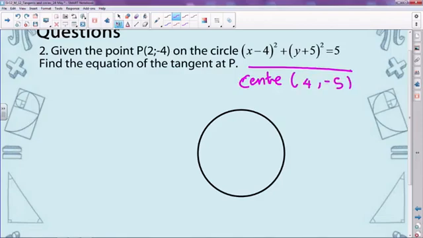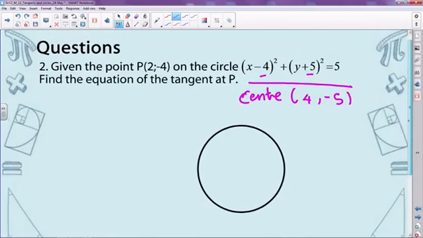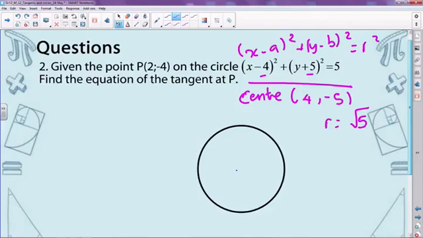So it's basically the values inside the brackets, with the opposite signs. My radius is going to be the square root of 5. You can just read off the values once your equation is in standard form. So I've got that my center is the point (4, -5).